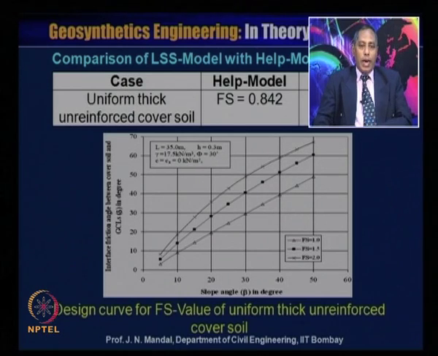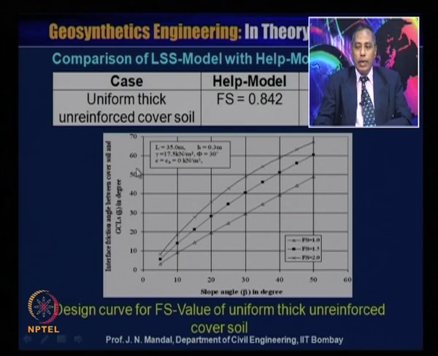Now this is the design curve for the Fs value of uniform thick unreinforced cover soil. So these are the factor of safety values 1, 1.5 and 2, and this x axis is the slope angle beta in degree, and this y axis is the interface friction angle delta, in degree, between the cover soil and the geosynthetic clay liner.